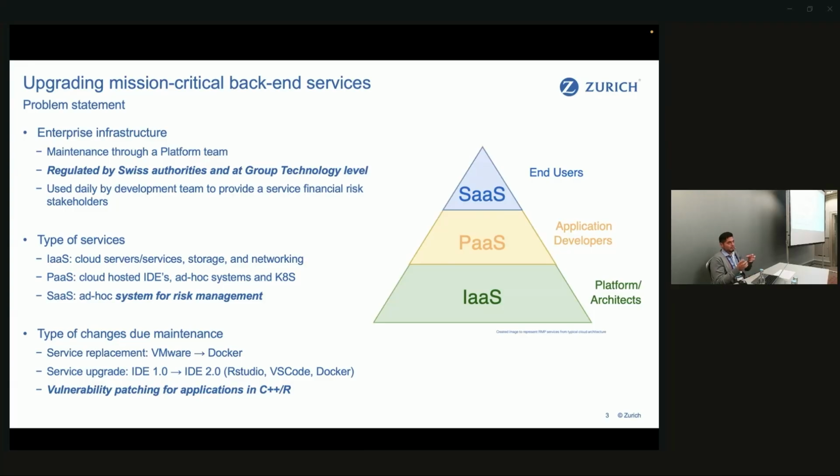Among these kind of services, and specifically this one, the system for risk management, we need to give maintenance to absolutely all the layers that I'm showing to you. So I put here some examples, like, I don't know, 7 years ago, we still had VMware and changed to Docker. So we need to change and adapt all our layers to use Docker, for example. We have constant changes in our IDEs. I will focus now mostly on R and C++ applications.